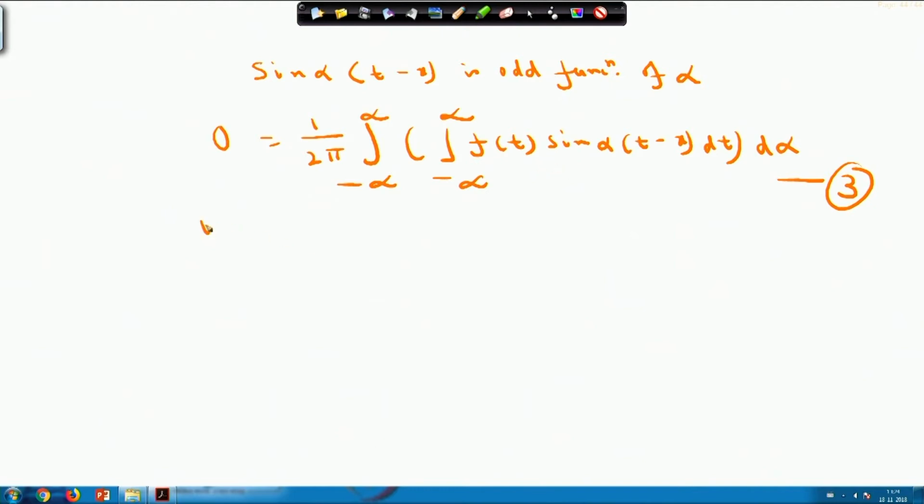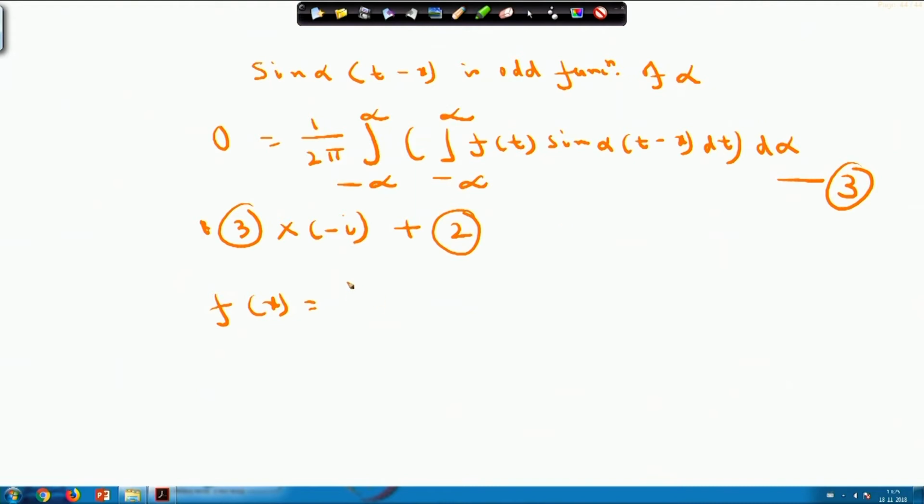So, you now multiply equation 3 by minus I and add it with equation 2, the last equation whatever we wrote. If I add this, then I have sin of alpha into (t minus x), and there I have cos of alpha into (t minus x).